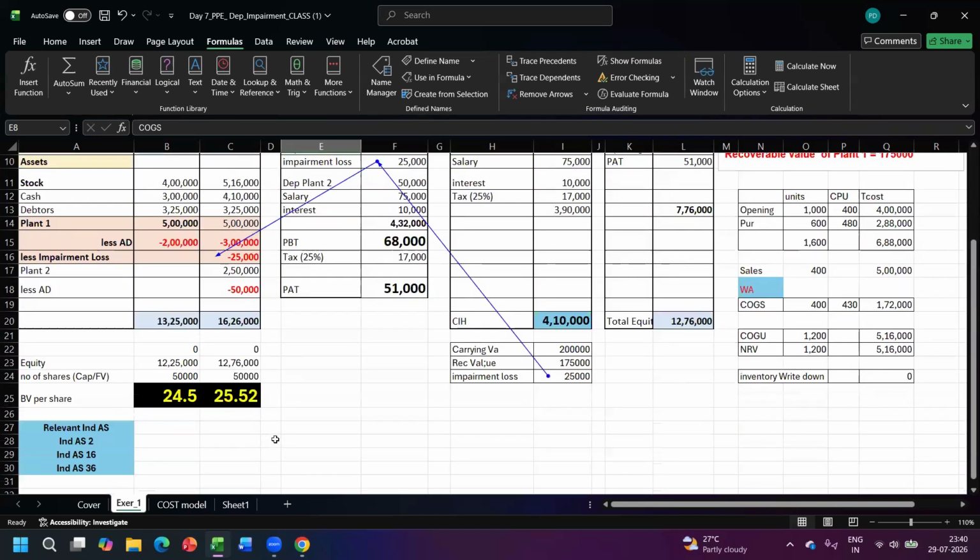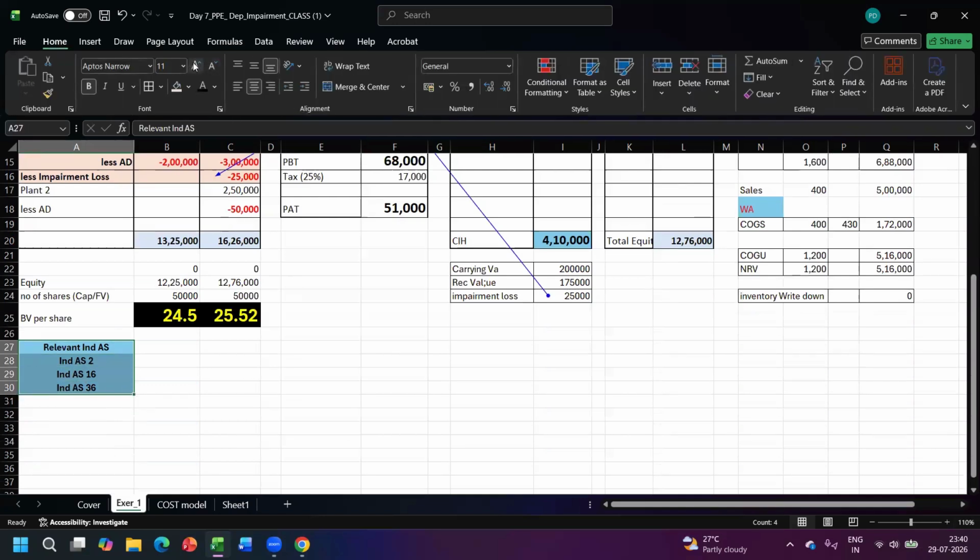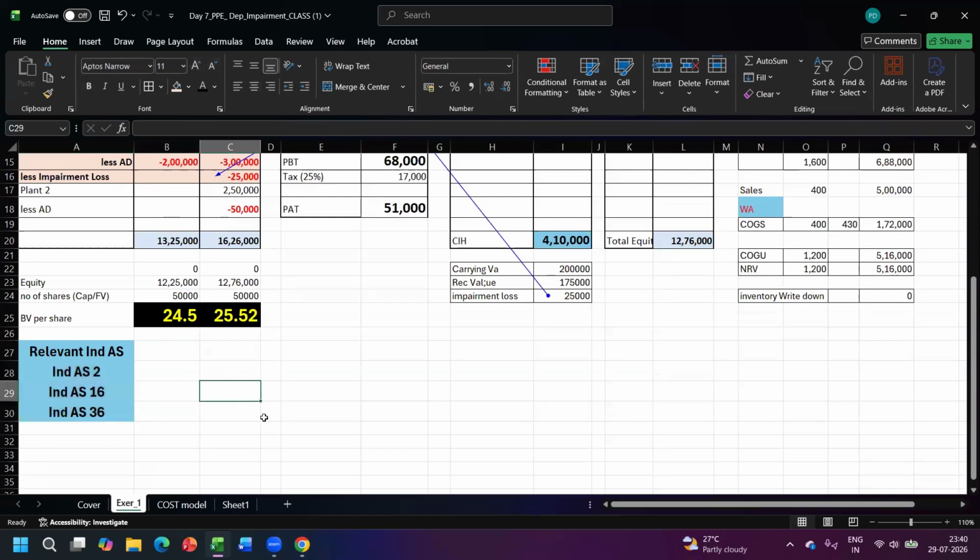So this exercise gave us an opportunity to apply the three important accounting standards. They all deal with the treatment and measurement of assets, the measurement of inventory, the measurement of property, plant, equipment. Ind AS 2 affects cost of goods sold. Ind AS 16 affects depreciation. Ind AS 36 affects the calculation of impairment.